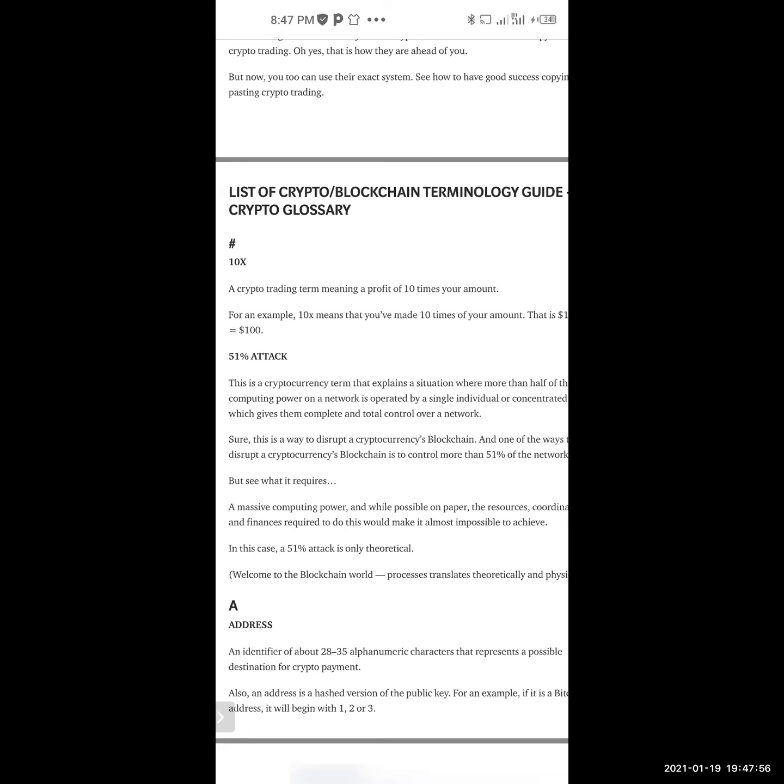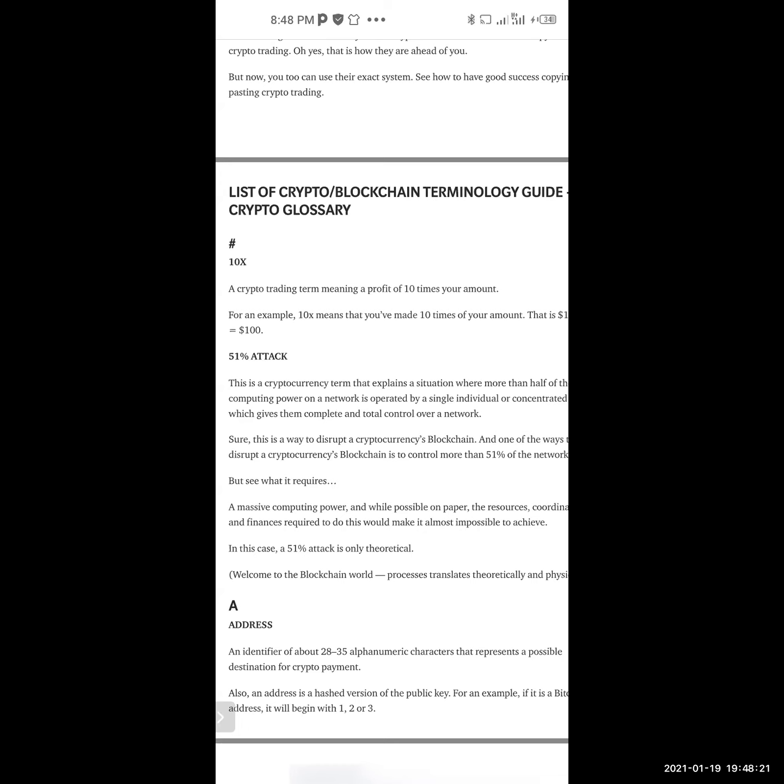That is 10 times the amount of money that I put in. So when you see 10x, you know that it means 10 times the amount. If you see 2x, it means 2 times the amount. If you see 3x, 4x, 5x, just multiply the amount you put in by the number. That is what you have.